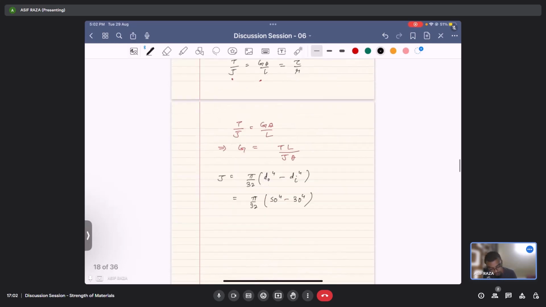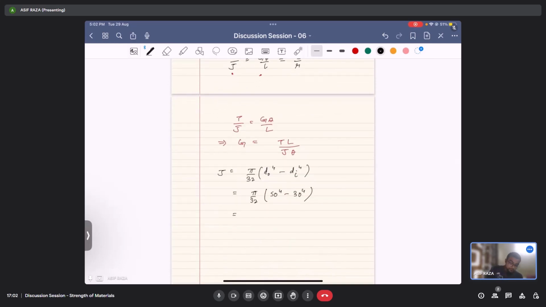Okay, let us calculate this first. 50 to the power 4 minus 30 to the power 4 into pi divided by 32, and this is equal to 534,070.75 mm to the power 4.